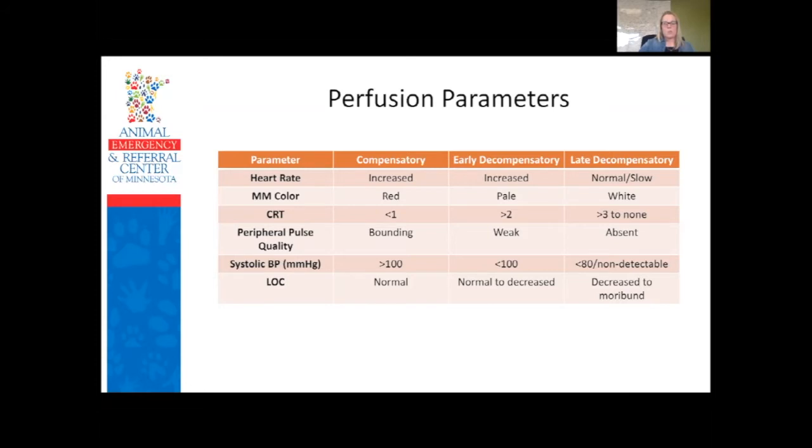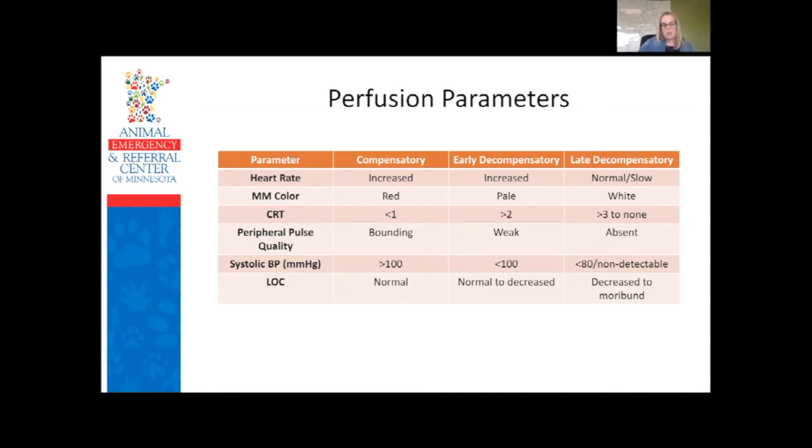Hence the name. So their body is trying to make up for the hypovolemia they're experiencing, and they're going to present probably with an increased heart rate. Their mucous membranes are going to be red or injected. They're going to have a really rapid CRT, and their pulse quality is going to be bounding because their body is working really hard to circulate their decreased volume everywhere it needs to go.